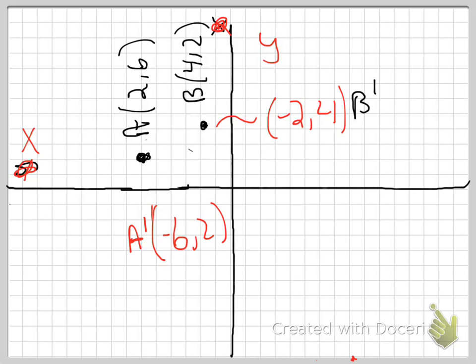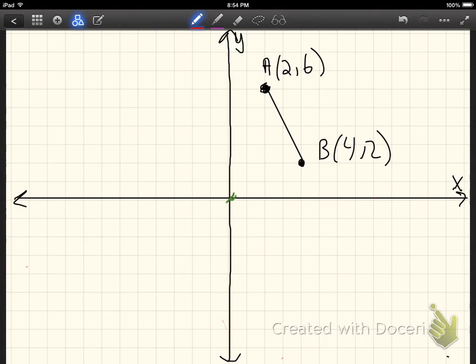Okay, so what you want to do is record the numbers on those points, and now go back, take them and put them back in the other drawing. Okay, so after I've done that, my new AB is going to go from negative 6, 1, 2, 3, 4, 5, 6, and up 2.